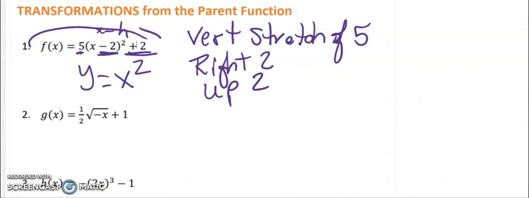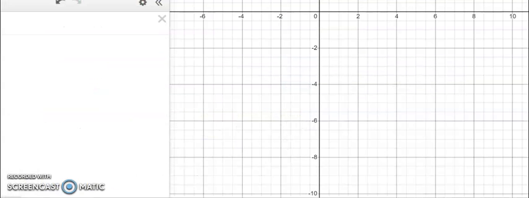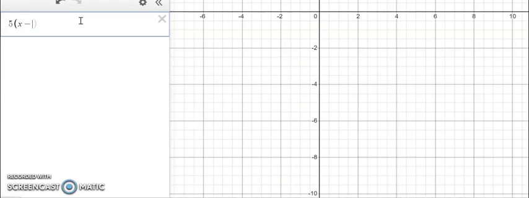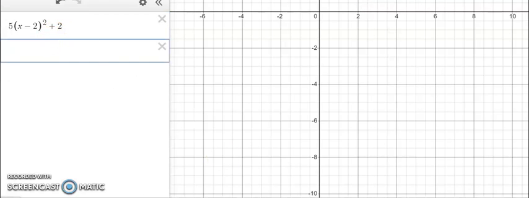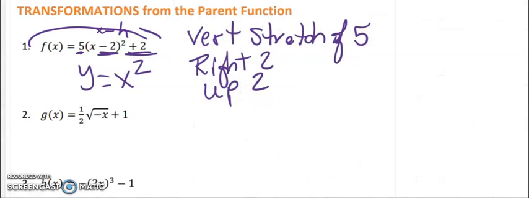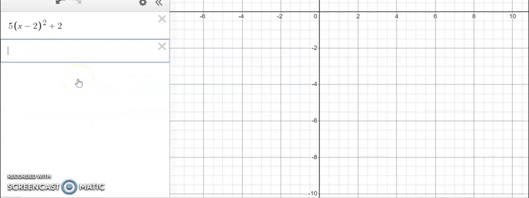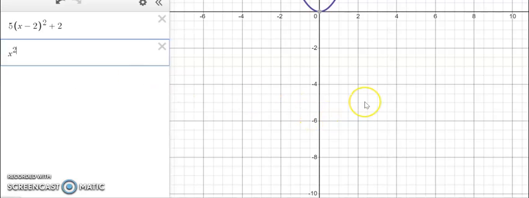So we have 5 parentheses x minus 2, and we're raising it to the square, and then we had plus 2 on the outside. All right, let's just double check that. 5 with a minus 2 squared plus 2. And then we're going to put in our parent function of just x squared. Okay, remember your parent functions, we got that in our notes.